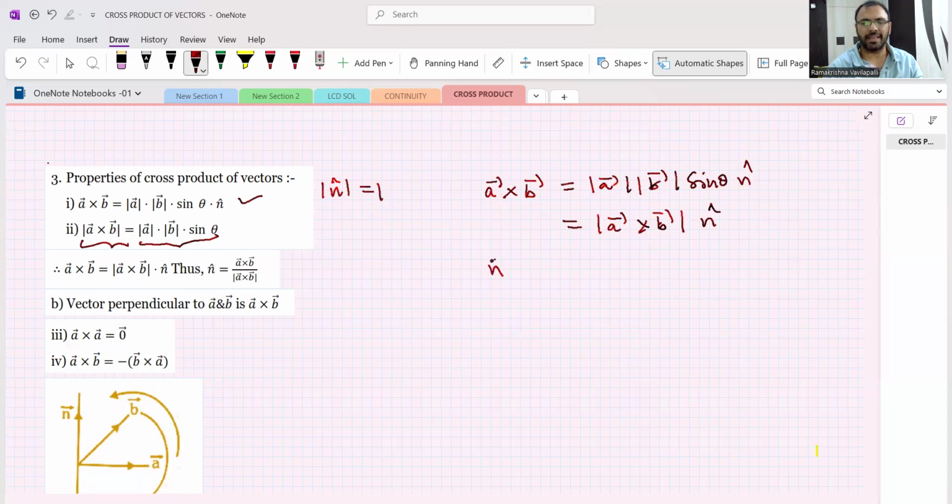So we got that n cap equals A bar cross B bar by the modulus of A bar cross B bar.